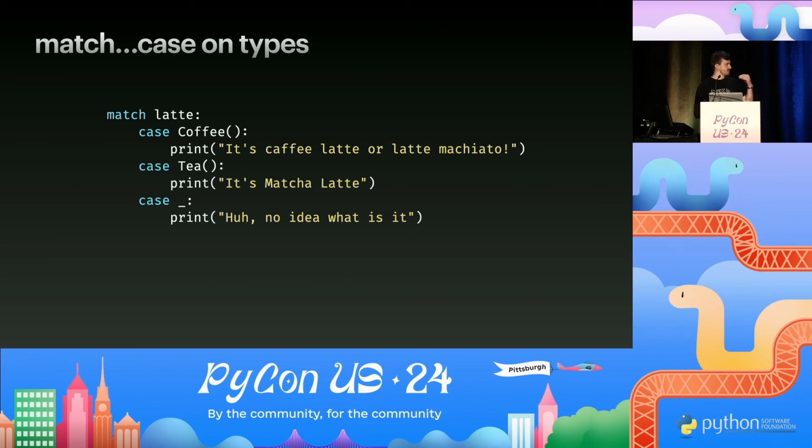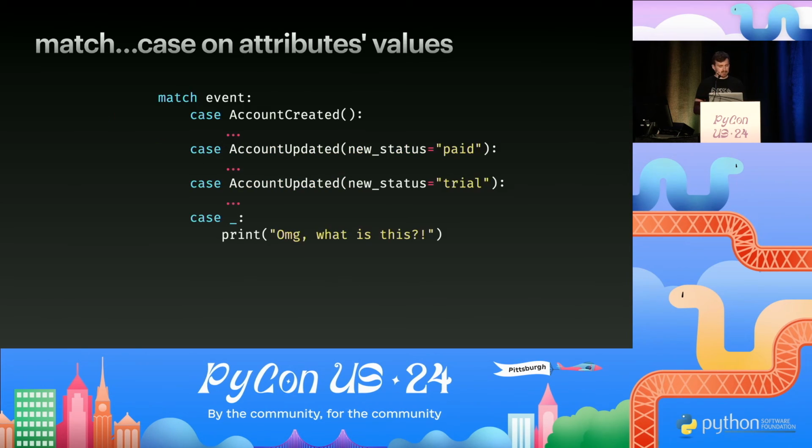It doesn't read as an instance of, it doesn't mean that we construct an instance of Coffee. It only means that this is an instance of Coffee that we try to match against. And also, another possibility we have is to match on attribute values. Switch cannot do that. So this is where match case is much more powerful.